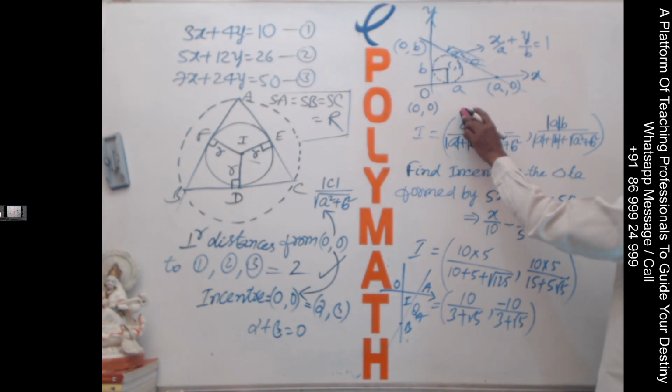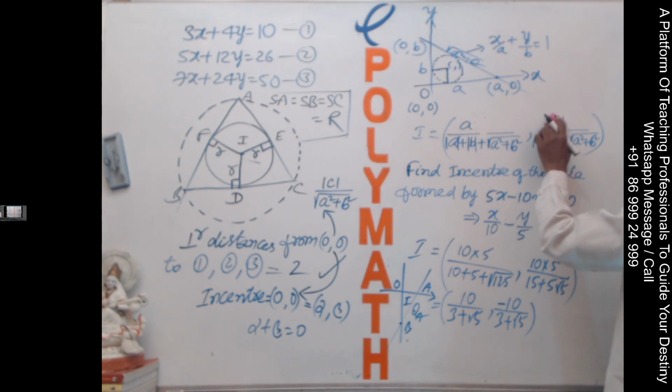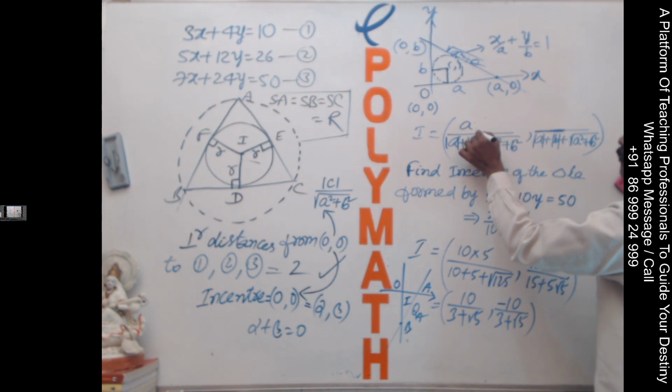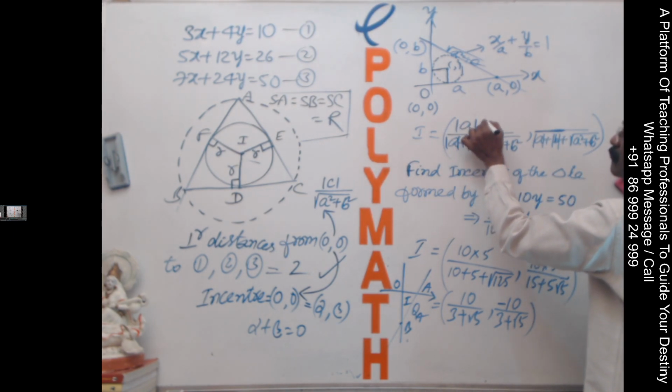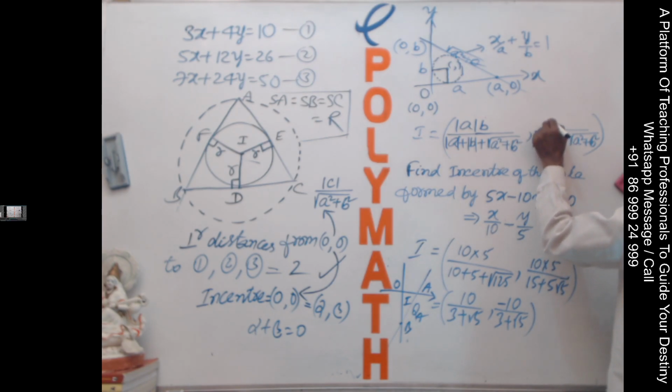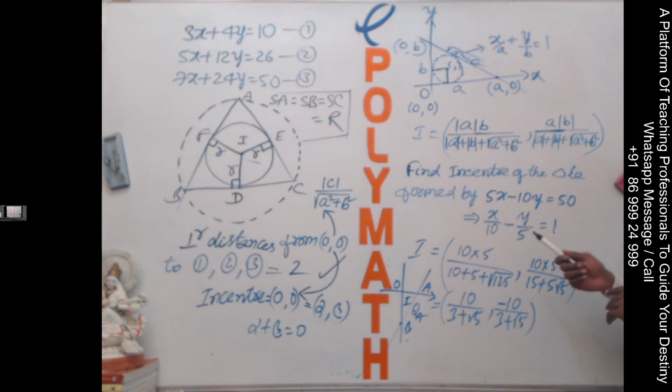Let us make it in this way. The formula is mod A, mod B. Just see this. Now A is positive, no problem, take plus A only.